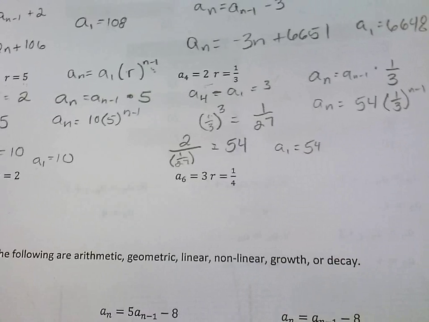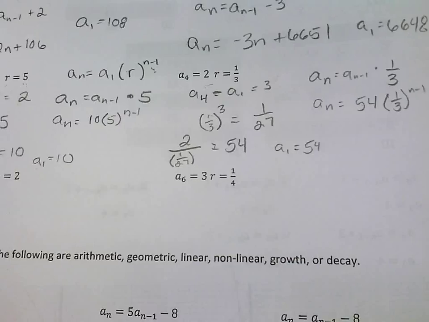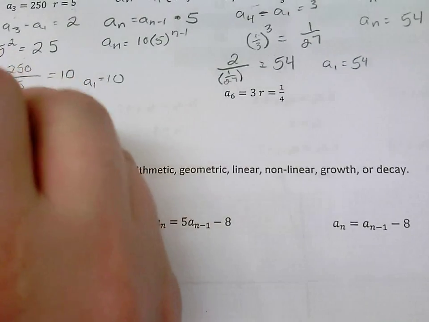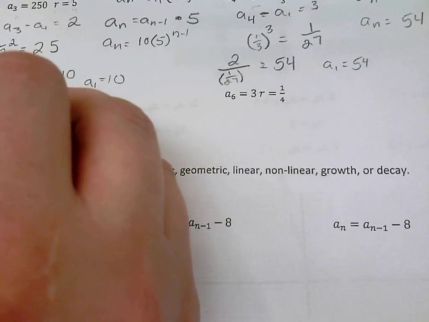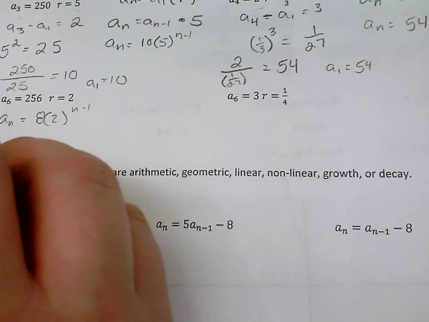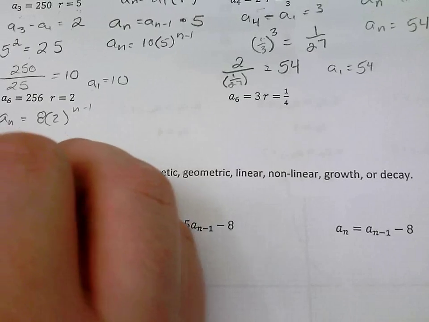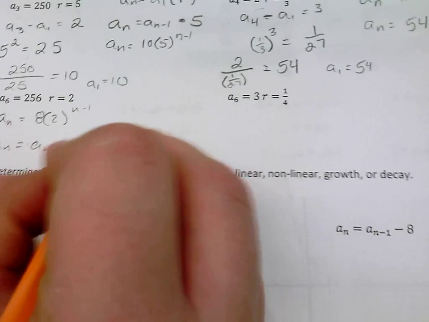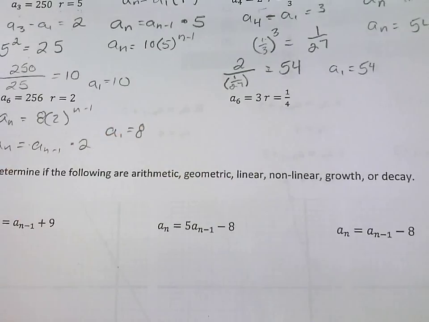Okay, so you guys can try the next two. I'm just going to give you the answers. And in 5, 4, 3, 2, 1. This should be AN equals 8 times 2 to the N minus 1. AN equals AN minus 1 times 2, where A1 is 8.